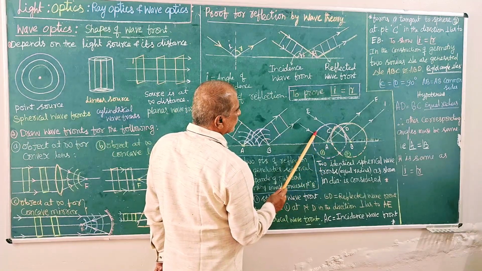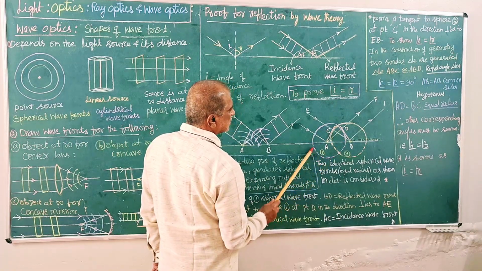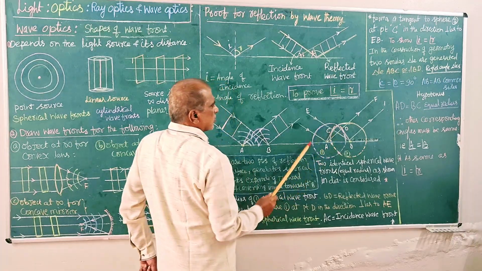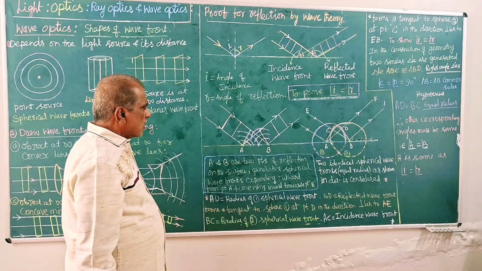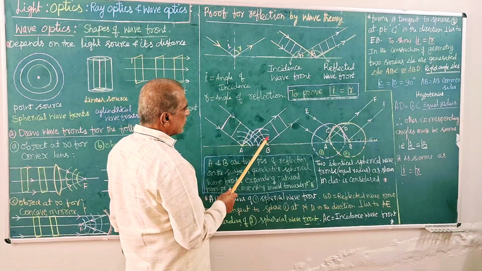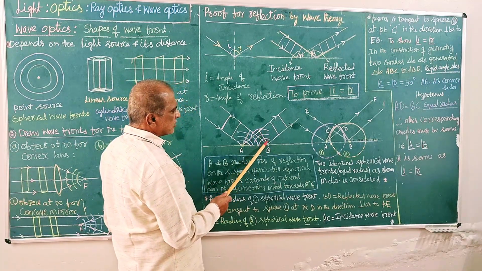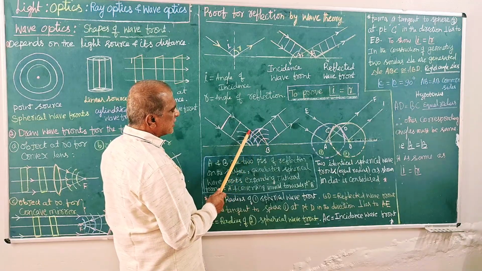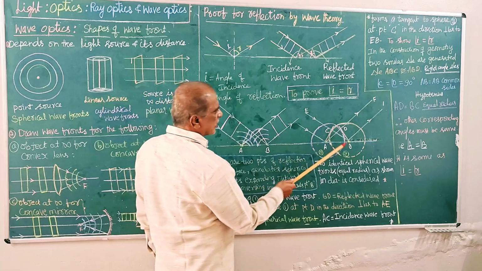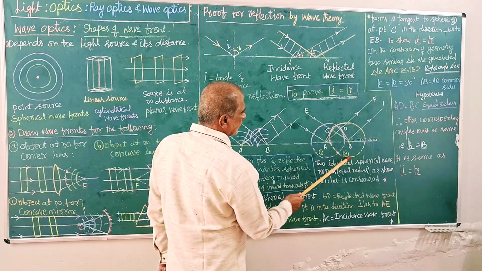From this point it is the highest spherical wavefront up to this point. And from here, spherical wavefronts converge, decrease in size, where it generates the highest spherical wavefront. That is the one I am talking about, the spherical wavefront.